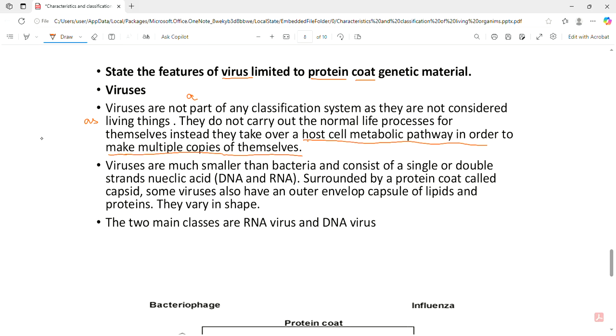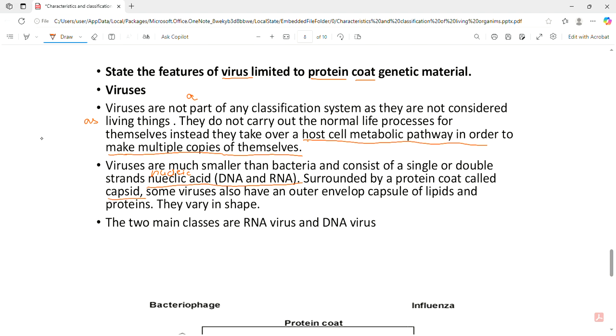Viruses are much smaller than bacteria and consist of single or double-stranded nucleic acid, DNA or RNA. So here I have a spelling mistake of nucleic acid. It is nucleic acid, surrounded by a protein called capsid.